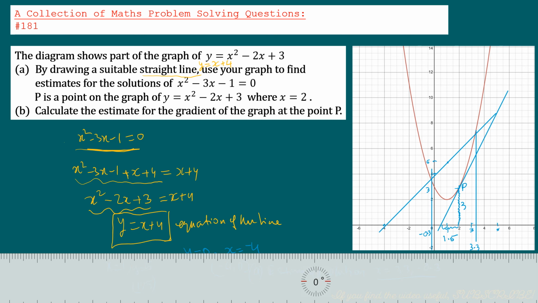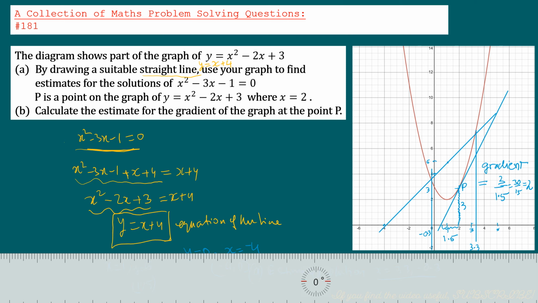So our gradient would be 3 divided by 1.5, that is 30 divided by 15, and that is 2.